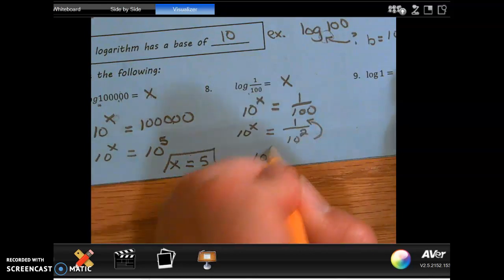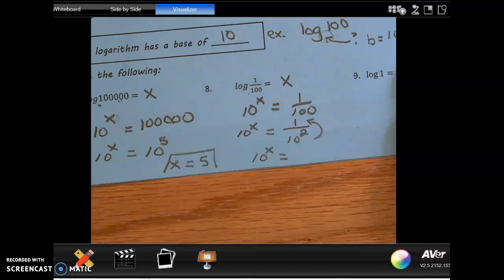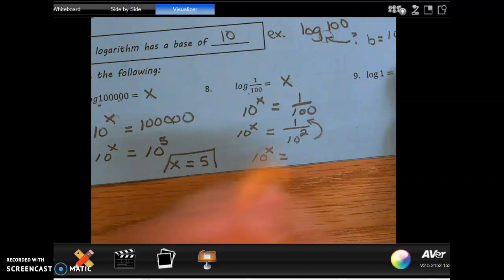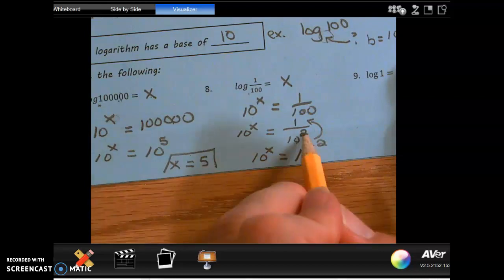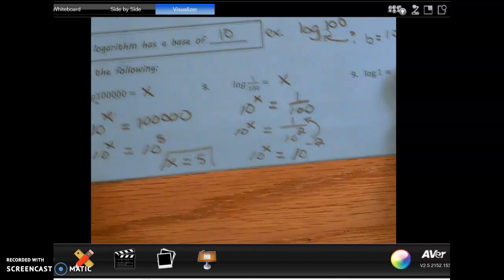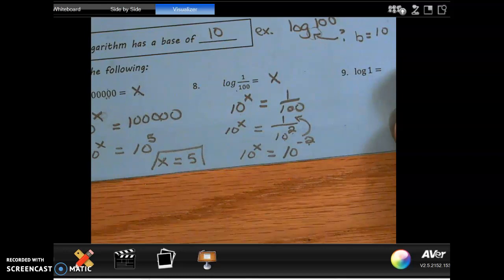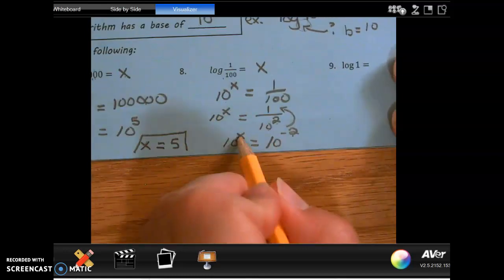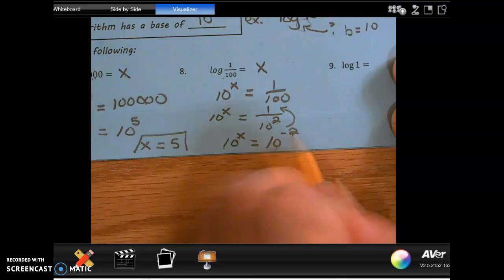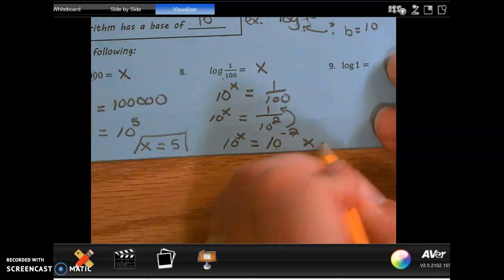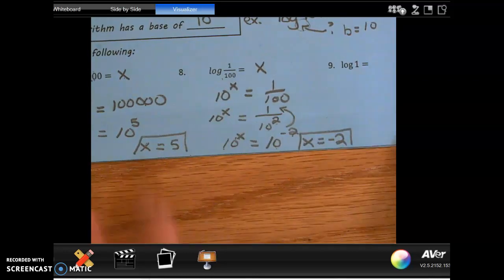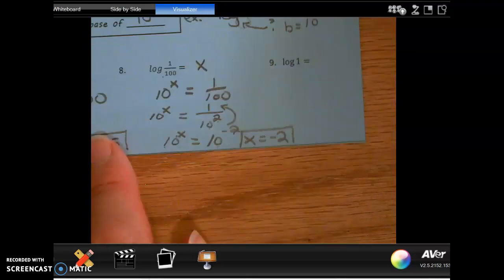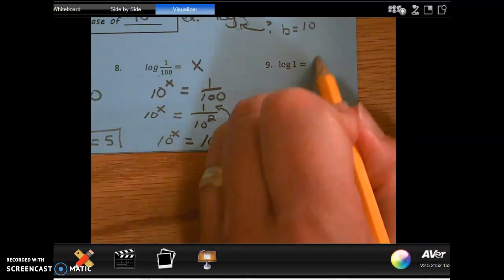And what happens to that exponent? Good job. You remembered. The exponent changes its sign, so it goes from +2 to -2. Now that the bases are the same, we set the exponents equal to each other, and we have our answer. Don't you feel like you're getting smarter? You miss this, don't you? I know I do.